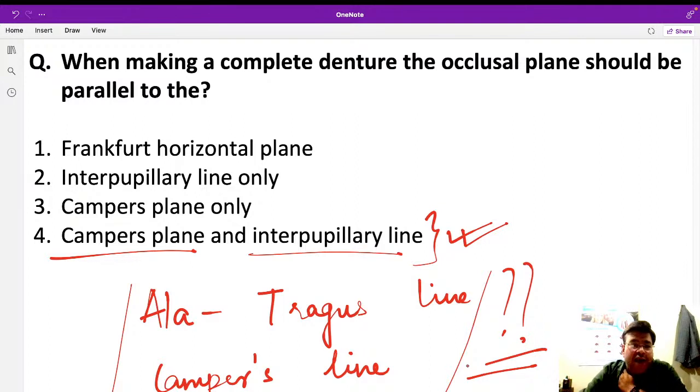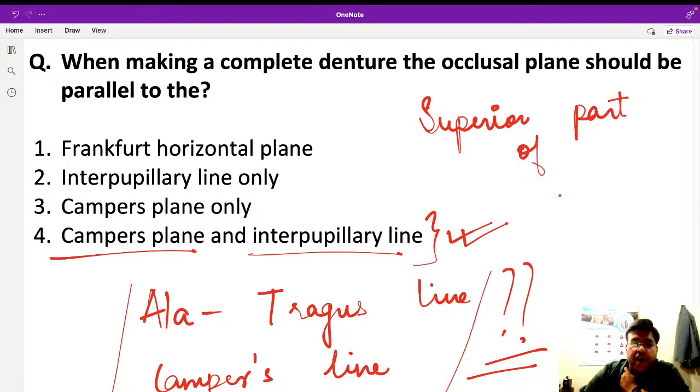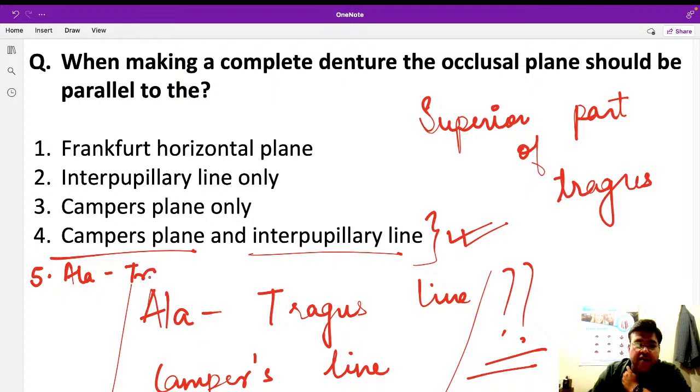Right? So always the Camper's line will be from the superior part of tragus. Superior part of tragus, right? Do not forget this. If they have given you a fifth option which says ala tragus line, this will be the incorrect answer.